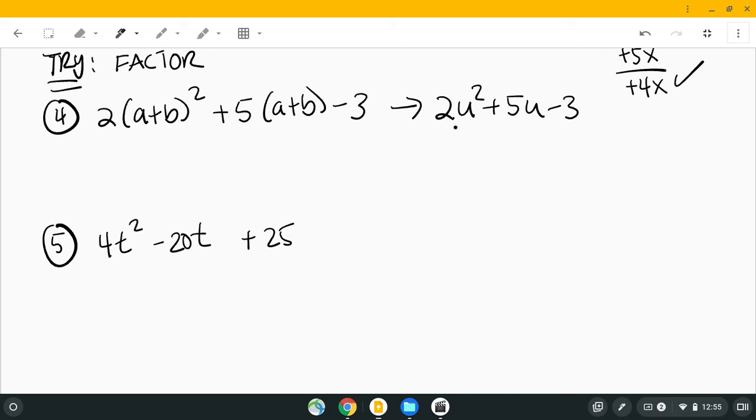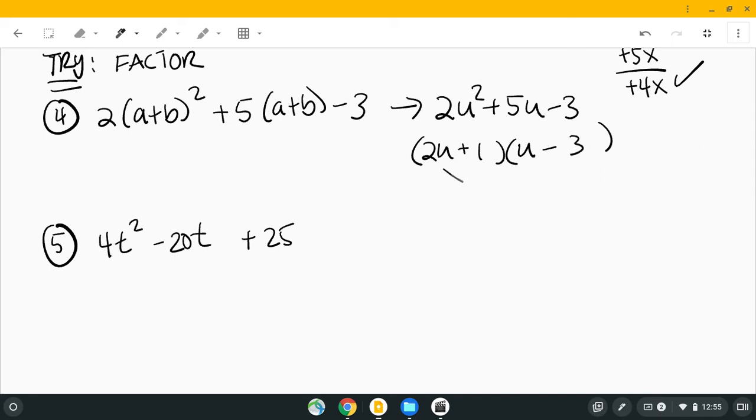But you can do this if it makes you more comfortable. And then factoring this, it's 2u times u. One of these has to be positive, the other one has to be negative. I don't know which one. Okay. And then a 3 and a 1. I'll put 1 there and 3 here.